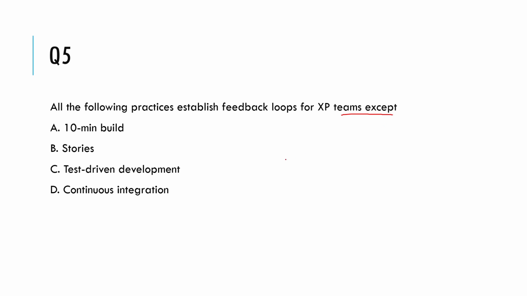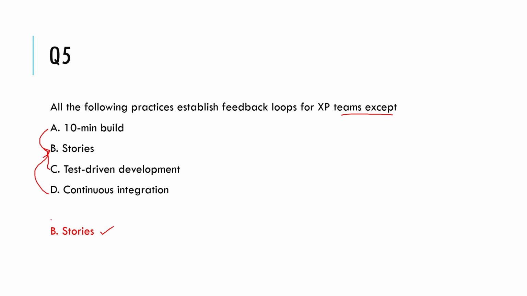Now, this should be straightforward. The answer is stories. The reason for that is stories do not establish feedback loops, right? Loops of feedback like these other options do. These other options actually create loops of feedback and there's a lot of back and forth. But when it comes to stories, actually, let's chuck stories from here. Stories do not create feedback loops.